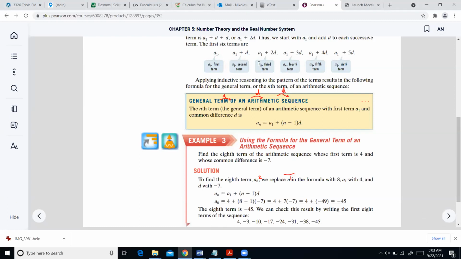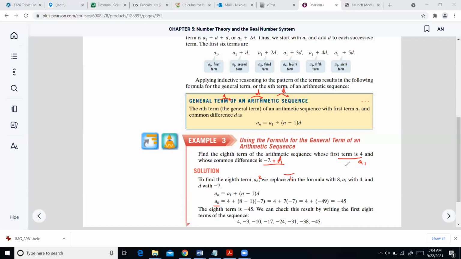So they say, as long as you know the difference d, and let's say it's -7, and if you also know the first term of your sequence, and looks like here they say 4, so that's a1, then you can find any term of it, such as the 8th term.